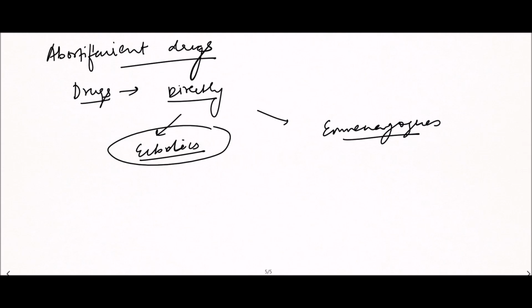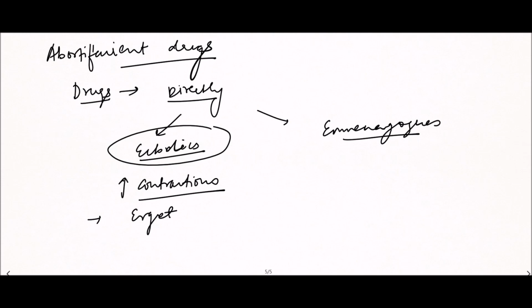Now, what are ecbolics? Ecbolics are the drugs which increase uterine contraction but do not relax the cervical canal or external os. So they are responsible for increasing contractions. Now, the most common ecbolic is the ergot, which is the most commonly used and has uterine action which increases as the pregnancy advances.